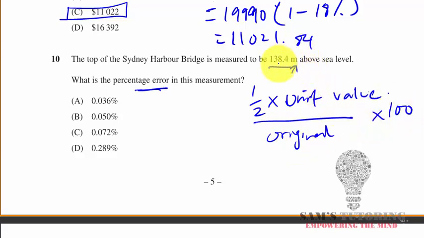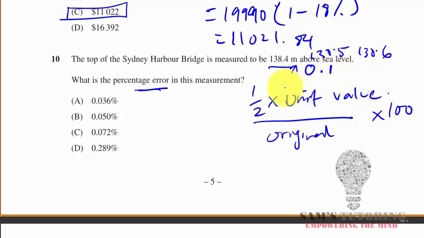If this was just 138 meters, it's going up by 1 meter, so it'd be half times 1. But it's not. It says 0.4 of a meter, which means it's actually going up by 0.1. So it'll be 138.4, 138.5, 138.6. So it's going up by 0.1.